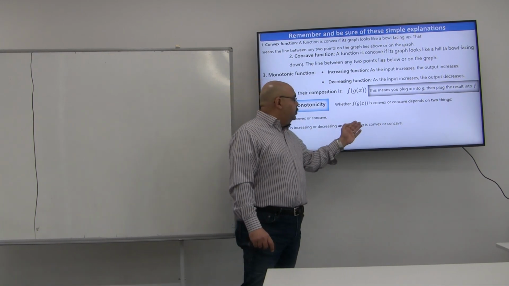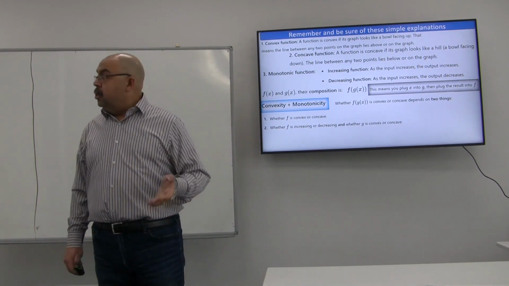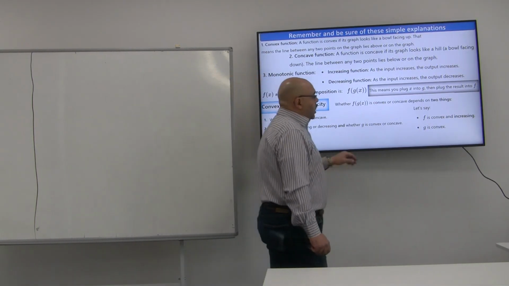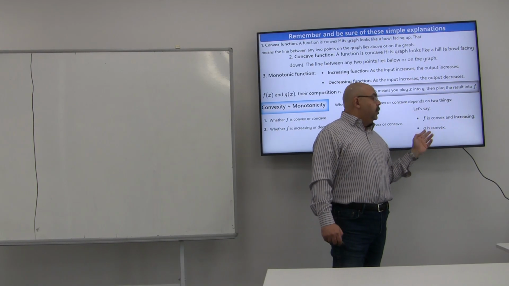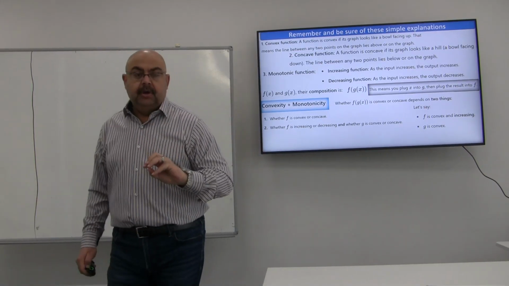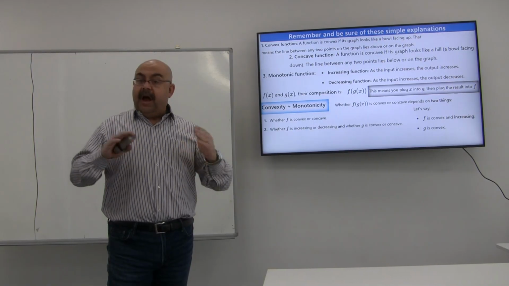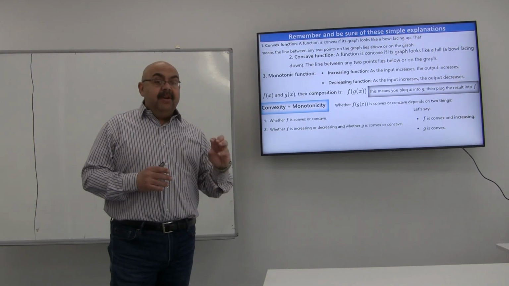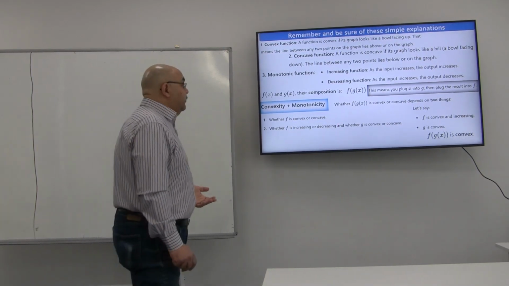Then I will go through g, to identify if it is a concave function or a convex function. Then we will do the composition. Let's say if f is convex and increasing, and g is convex, their composition will result in a convex function. So once more, if the outer function is convex and increasing, and the inner function is also convex, the result will be a convex function.